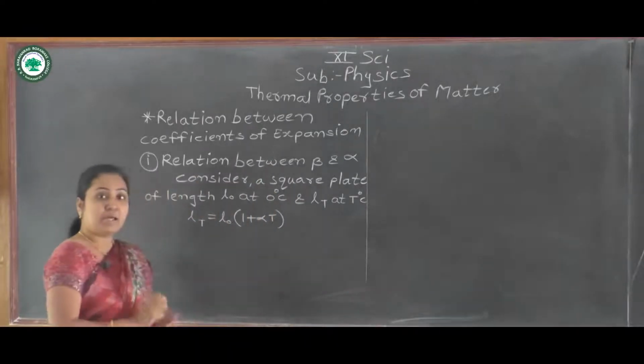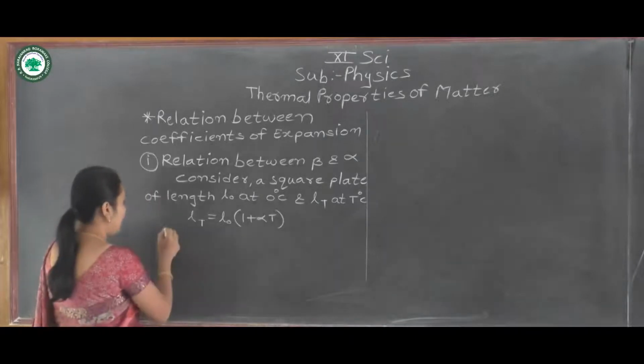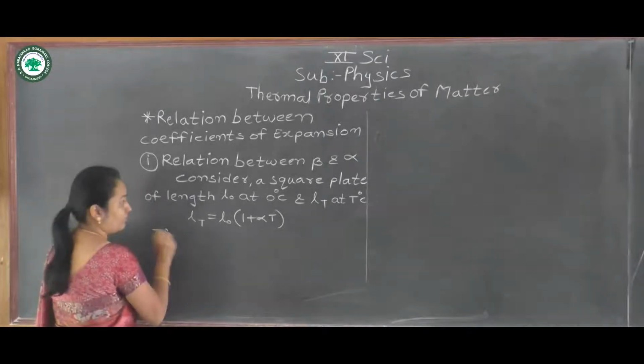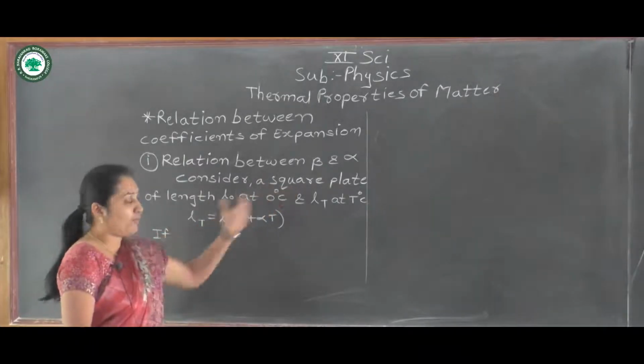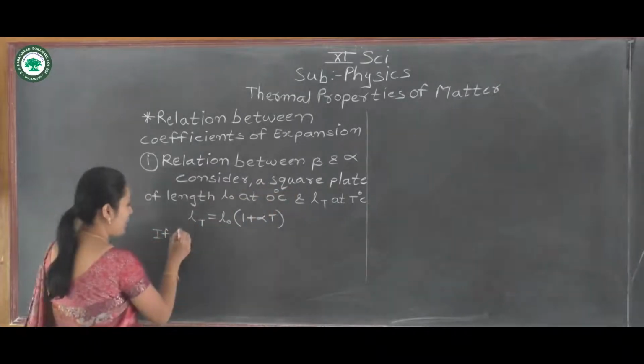Now, if the length is L0, then the area of this square plate can be found out.